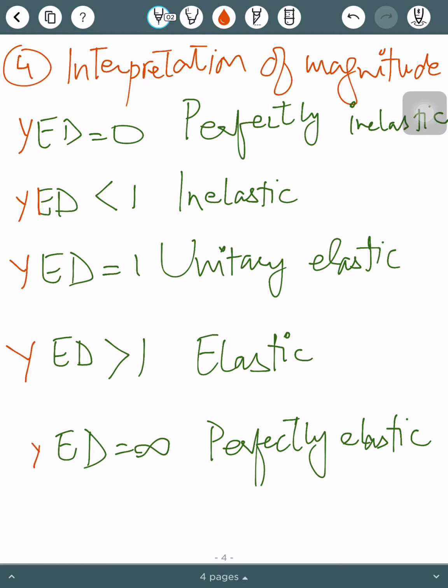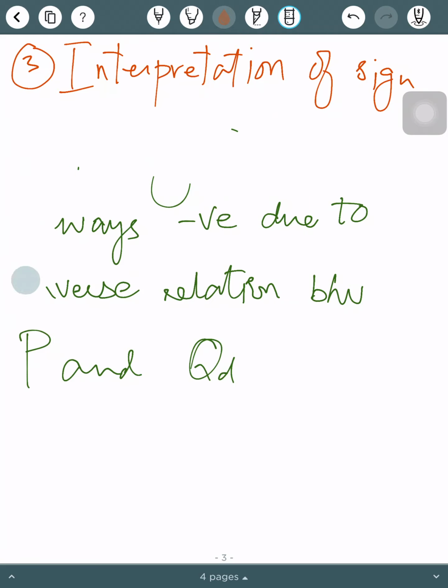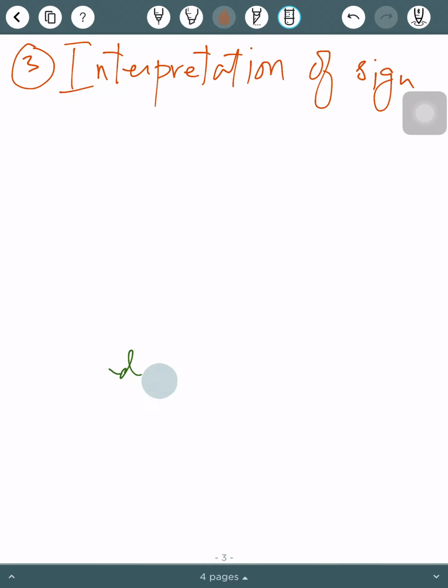Okay, with regards to interpretation of sign, YED, income elasticity of demand, can have both positive and negative sign. Normally the sign of YED is positive.